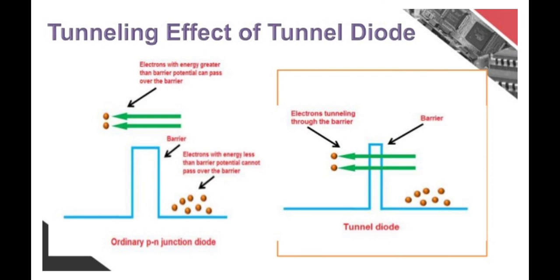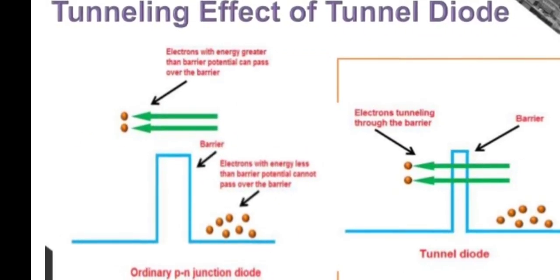This is the ordinary p-n junction diode energy diagram. The electrons gathered in the ground level, if they receive energy from outside, jump and pass over the barrier. The electron with energy greater than the barrier potential can pass over the barrier.